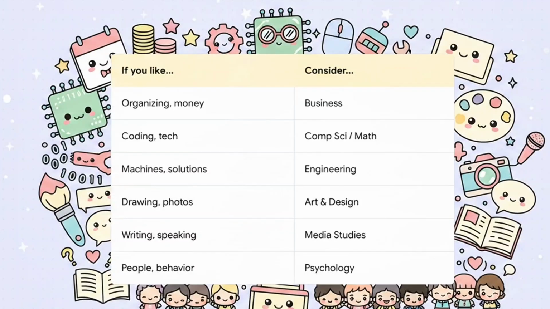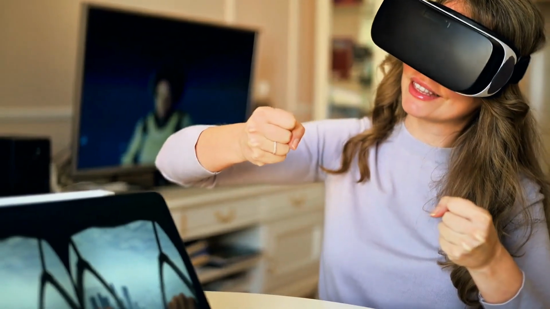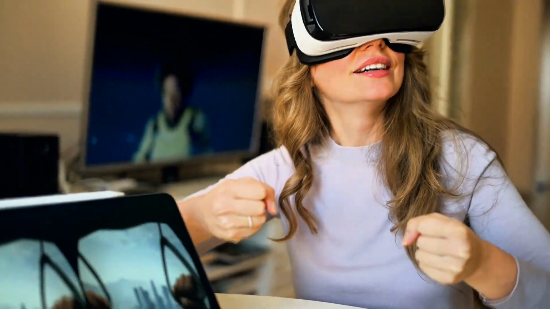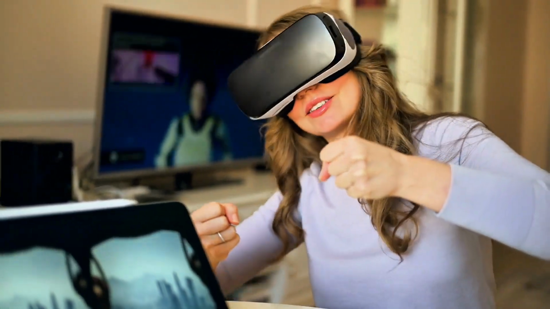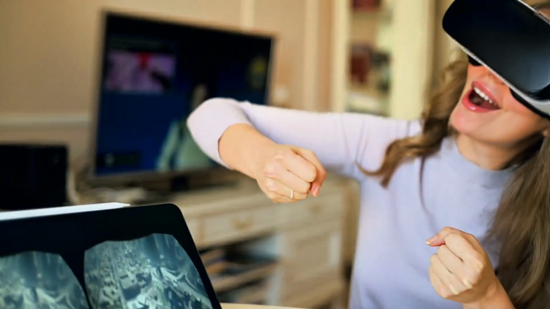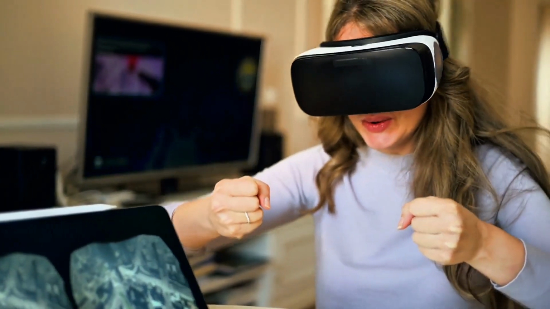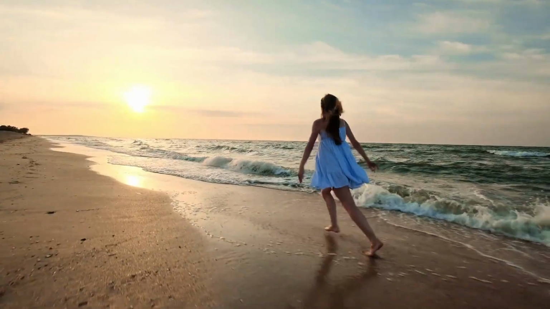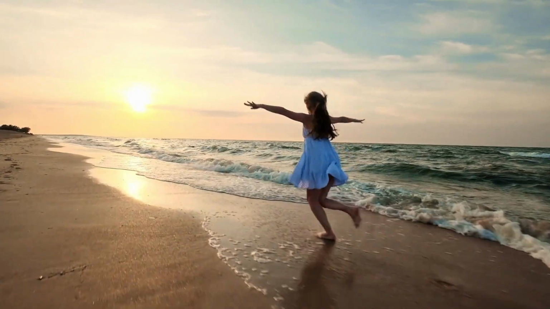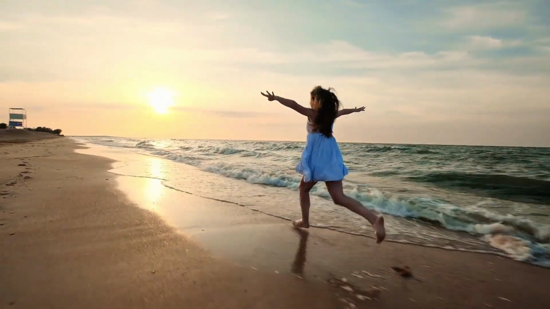If you love drawing, photography, creating logos, or expressing yourself creatively, art and design could be the right direction. If you're naturally confident in speaking, telling stories, or communicating ideas, media studies is definitely worth considering.